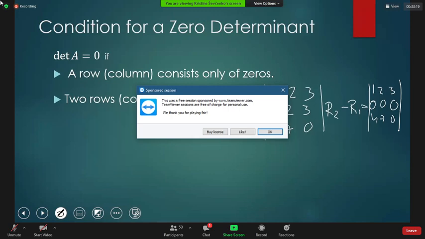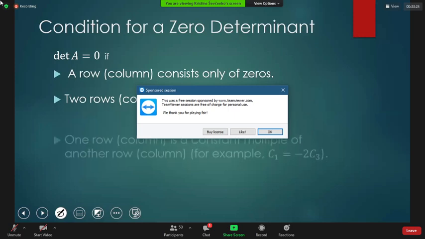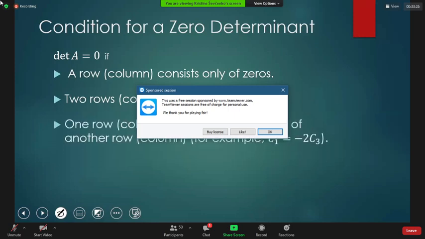Sometimes we will see another case. One row is a constant multiple of another row or column. For example, column 1 equals minus 2 times column 3. All right, I have a 3 by 3 matrix.